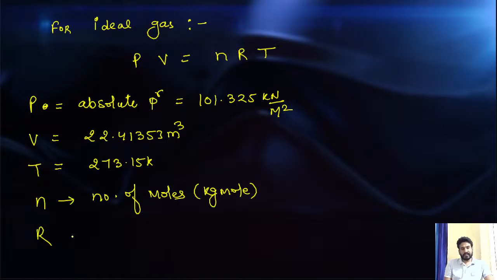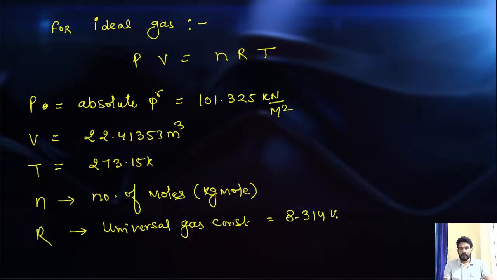What about R? R is my universal gas constant. What is the value of the universal gas constant? It is 8.314 kilojoule per kilomole per Kelvin.